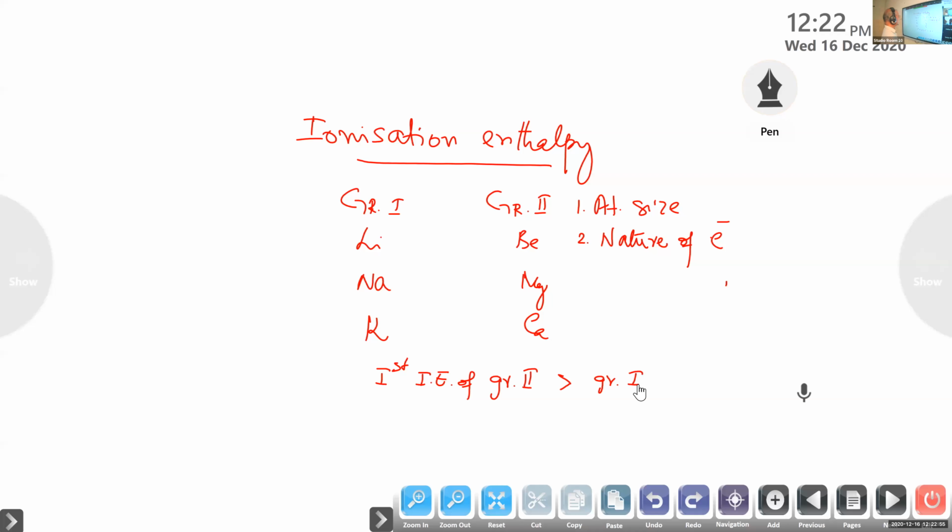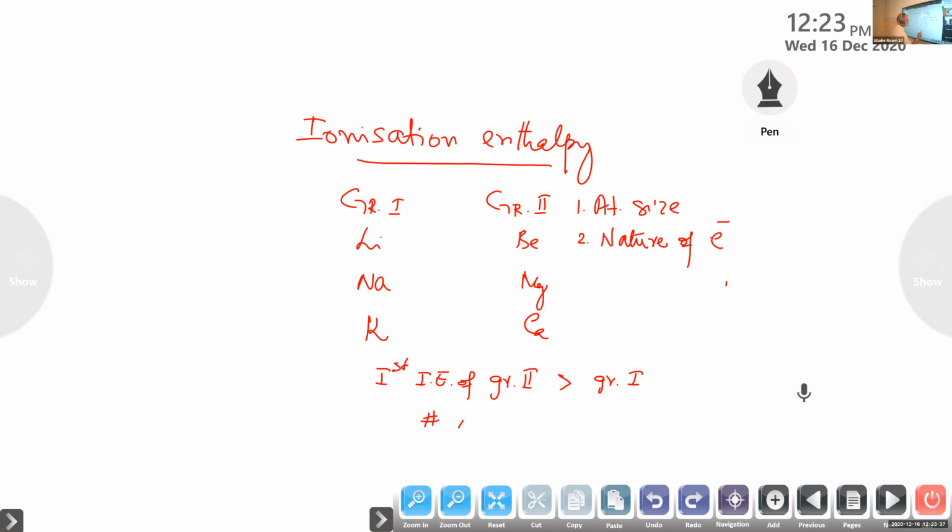That is because group 2 atoms have a smaller size. Atoms in group 2 are smaller than those of group 1. Secondly, the first electron is removed from a paired electron. So the reasons are these.